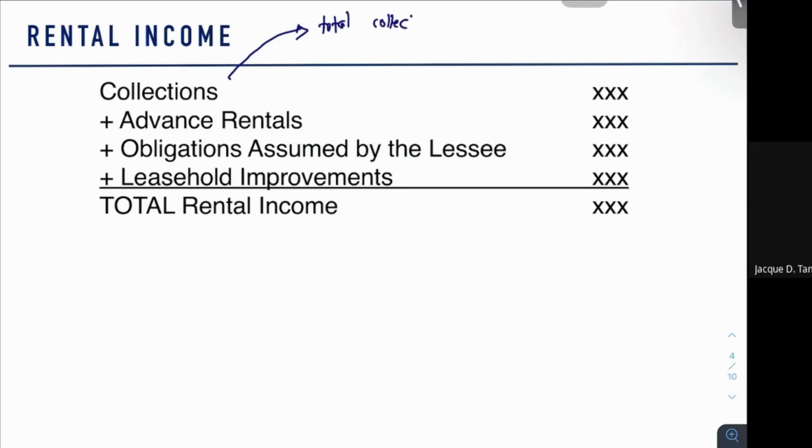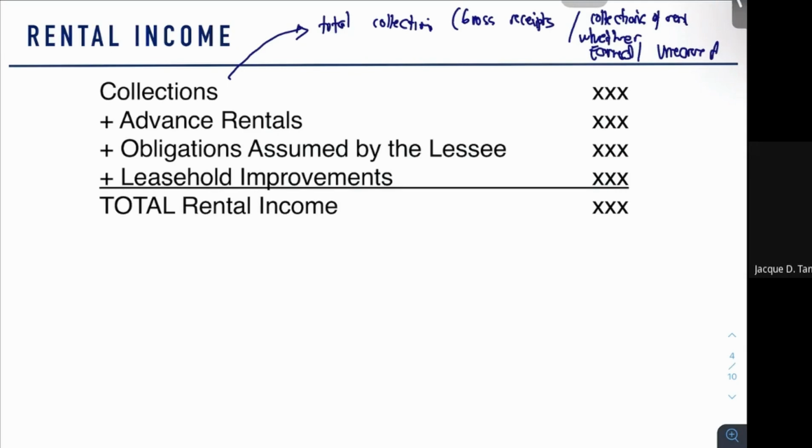When we say total collection, that includes your gross receipts or your collections of rent, whether earned or unearned.